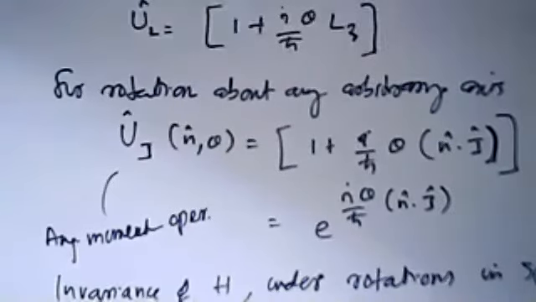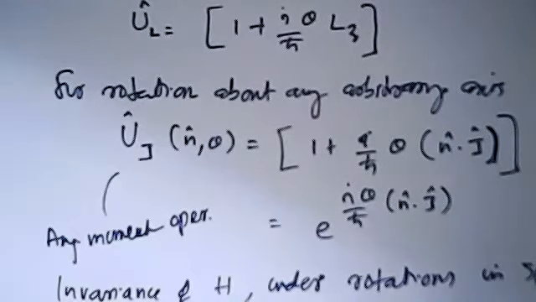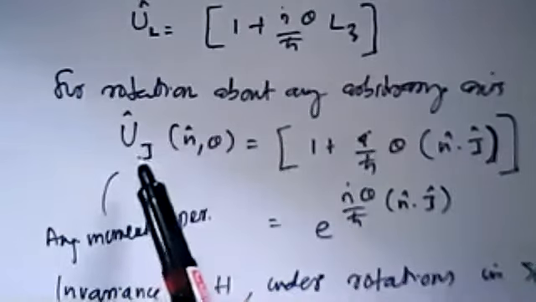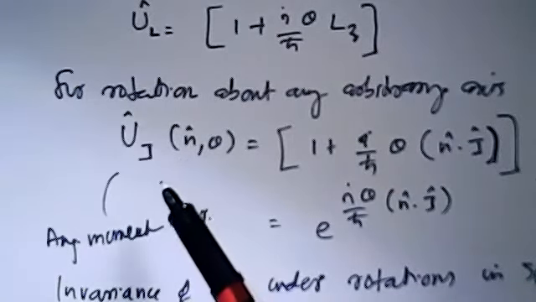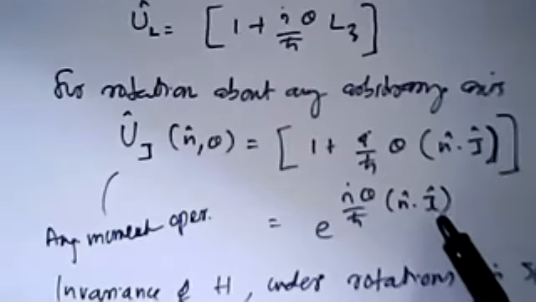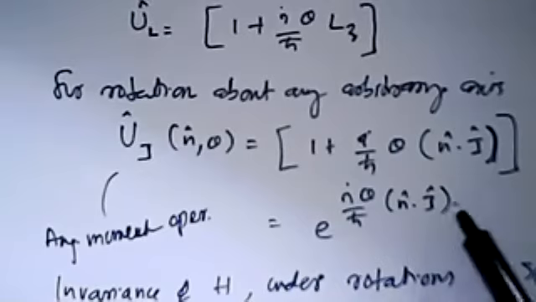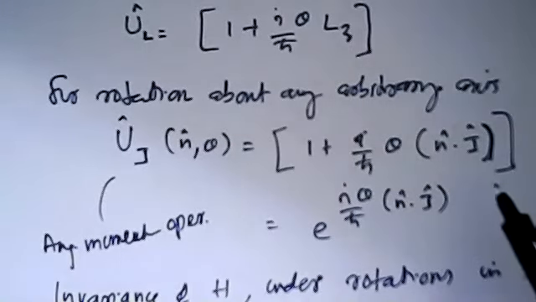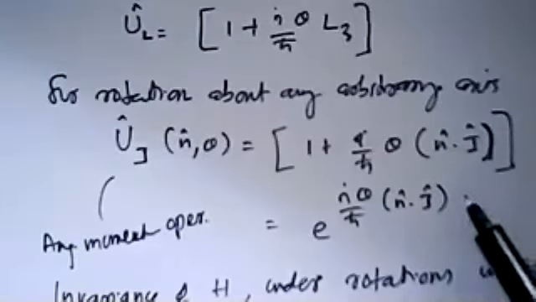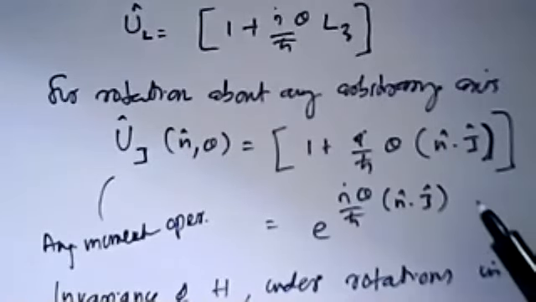And now according to the isotropy of space, the Hamiltonian should be invariant under rotation in space. So this U will commute with the Hamiltonian, or ultimately the generator of U will commute with the Hamiltonian, because U is related with J. If U commutes, automatically J will also commute.